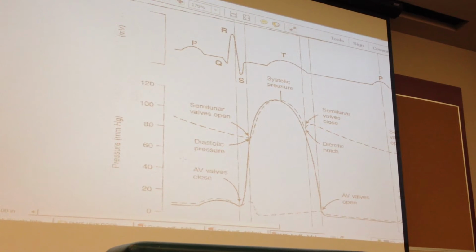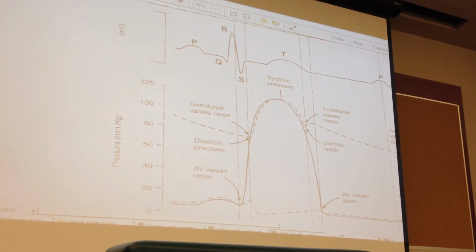Follow me? That's why the QRS complex is still sitting on there waiting to be generated. But once the QRS complex has been completed, once the S wave is completed, the ventricles have been completely depolarized. Now the ventricles begin the contraction itself. And the contraction will occur between the S and the T wave.